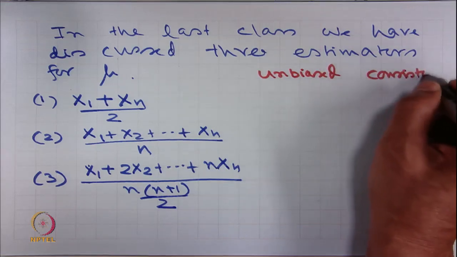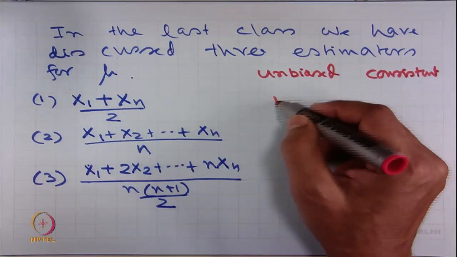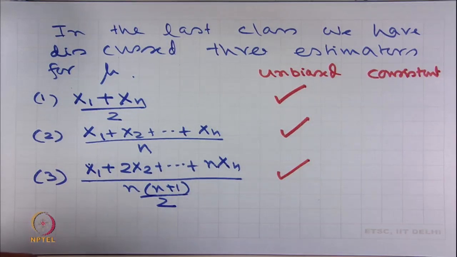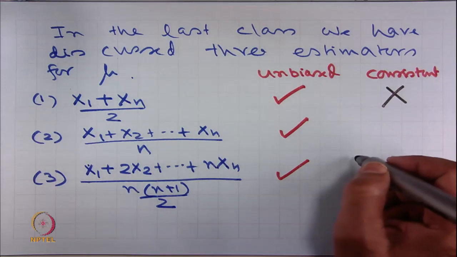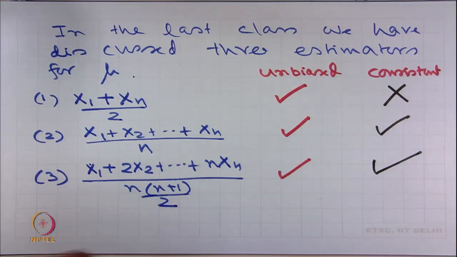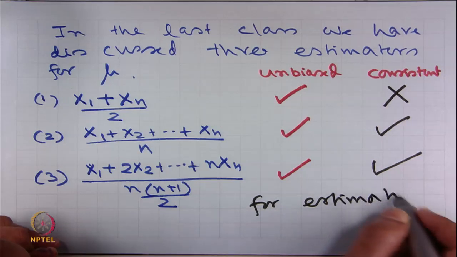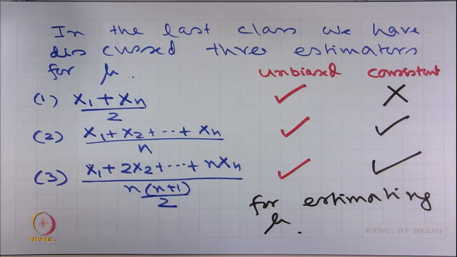If we look at these three estimators, we found that this is unbiased, this is unbiased, and this is also unbiased in estimating mu. But this is not consistent, but this is consistent and this is consistent for estimating mu, which we know is the population mean.